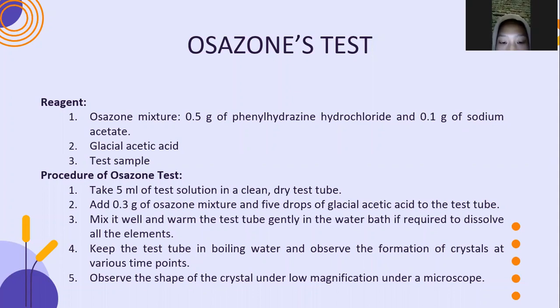Number 4, keep it in boiling water and observe the formation of crystals at various time points. Number 5, observe the shape of the crystals under low magnification under a microscope. Next.